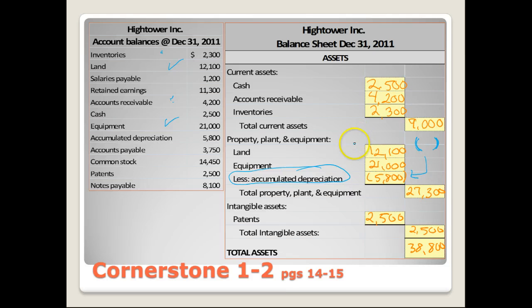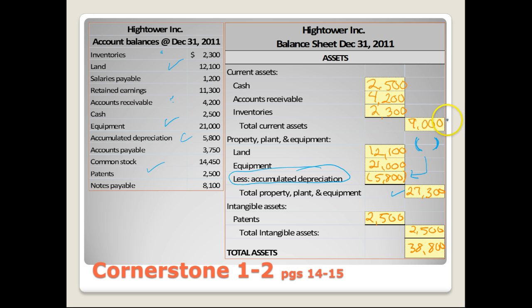So that means here it's $12,100 plus $21,000 minus $5,800 gives us a total property, plant, and equipment value of $27,300. There was only one intangible asset on this particular balance sheet, and it's patents worth $2,500.